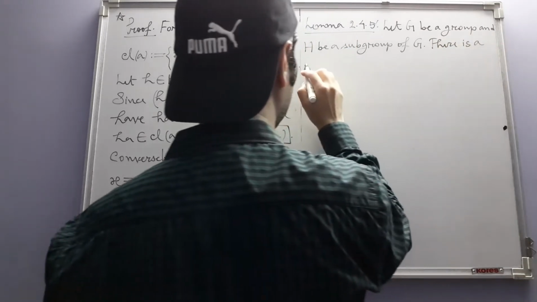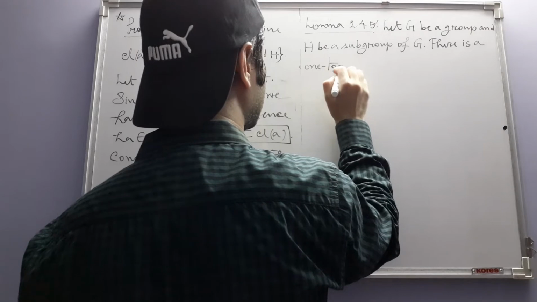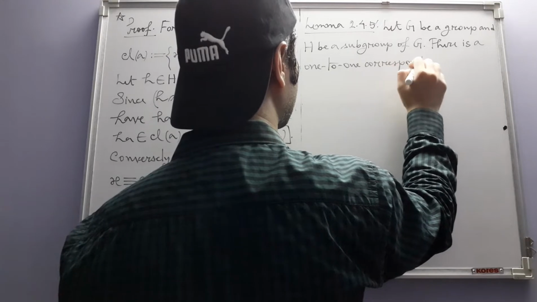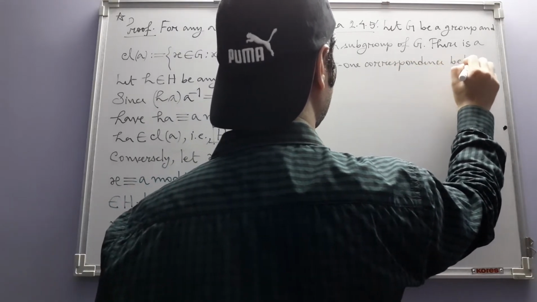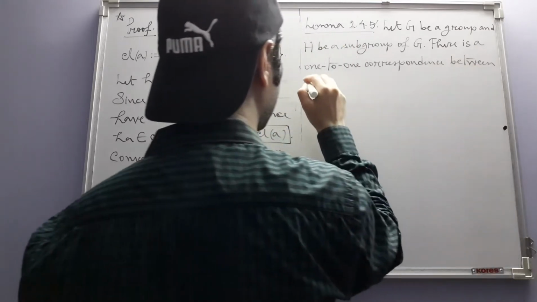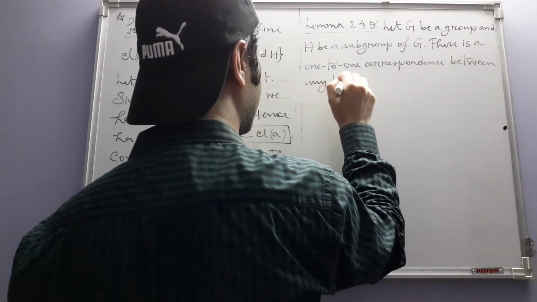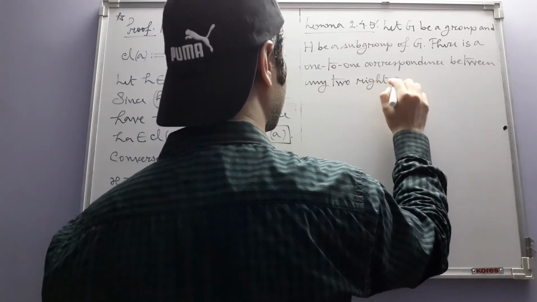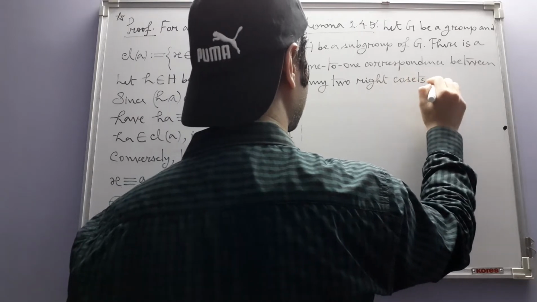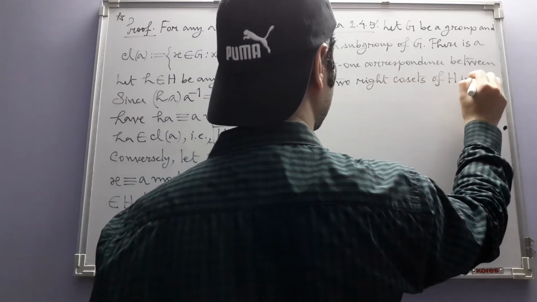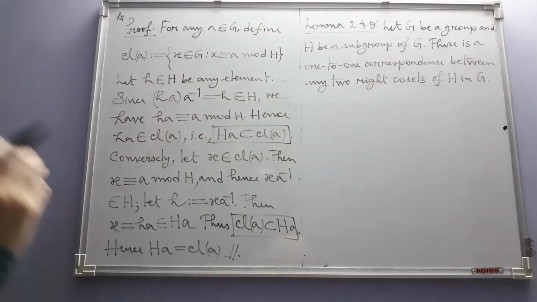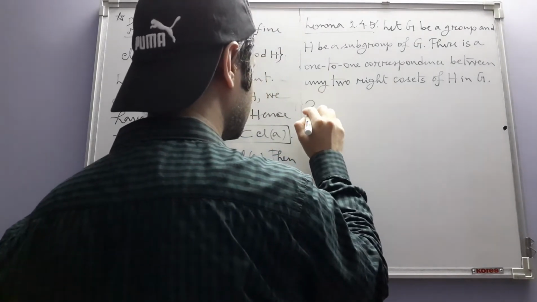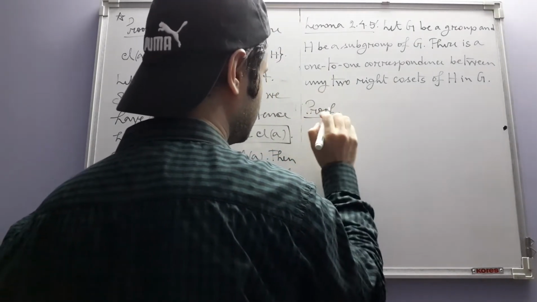There is a one-to-one correspondence between any two right cosets of H in G. Okay, so we will just consider, it's very straightforward.